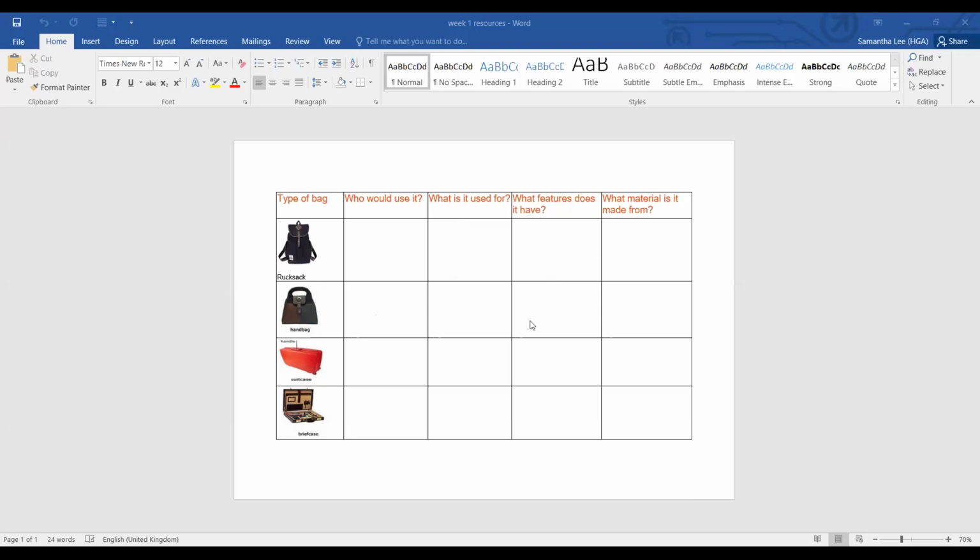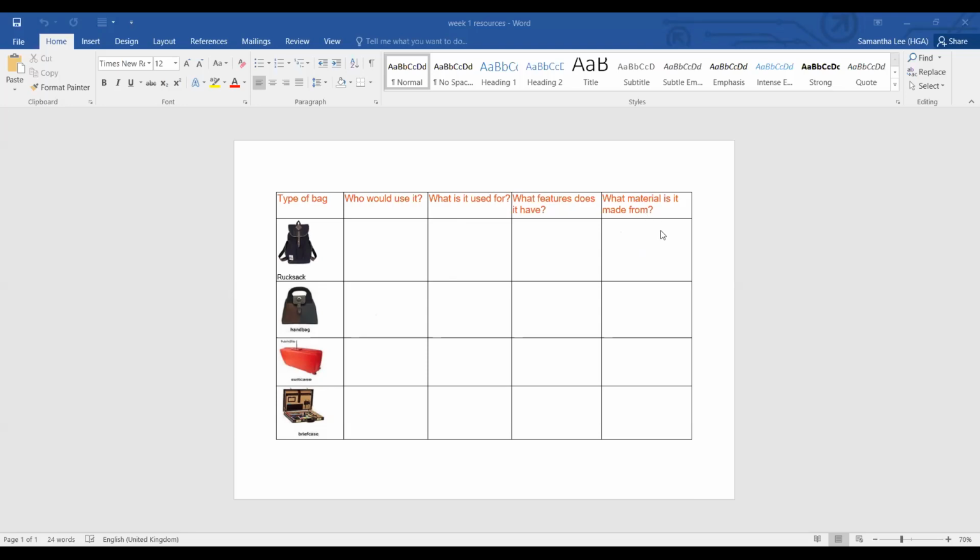It might be that more than one person would use a particular bag. It might have many different uses. You might need to think about and maybe even ask your parents about what types of features some of these bags might have. And also, they can sometimes be made from more than one type of material.